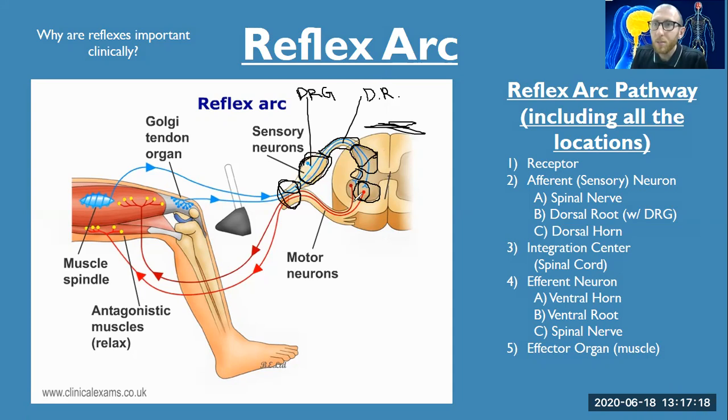Traveling out after you go through the integration center, which is the spinal cord. Again, remember both these things have to be labeled. You're traveling out the ventral root or anterior root right here via a motor neuron or efferent.